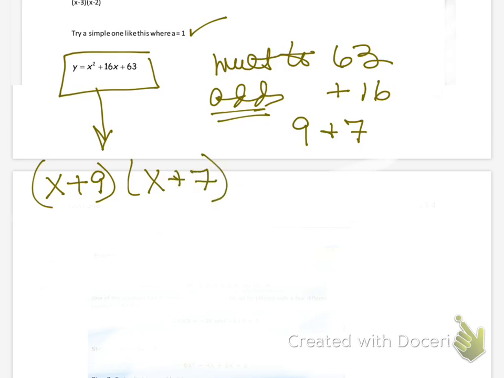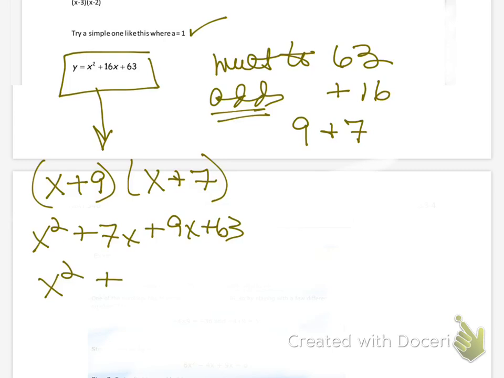Okay, so if I were to FOIL that, I would get x squared plus 7x plus 9x plus 63, which is x squared plus 16x plus 63. So I'm good. And my factors tell me that my roots are x equals negative 9, set the factors equal to 0 and solve, and x equals negative 7.